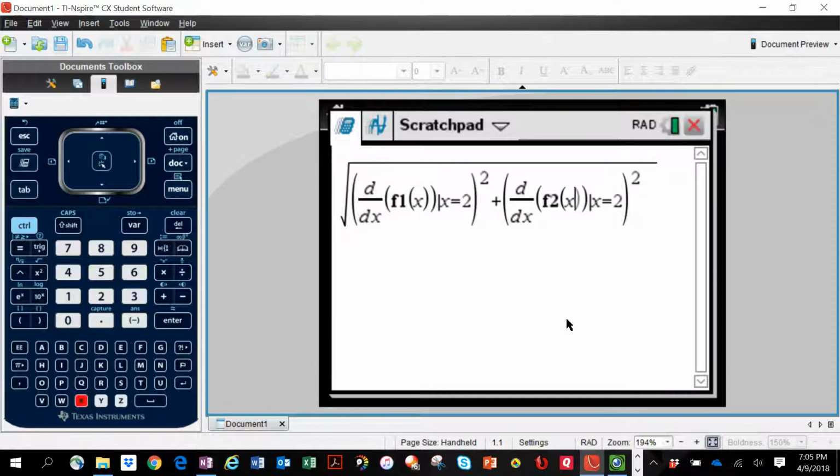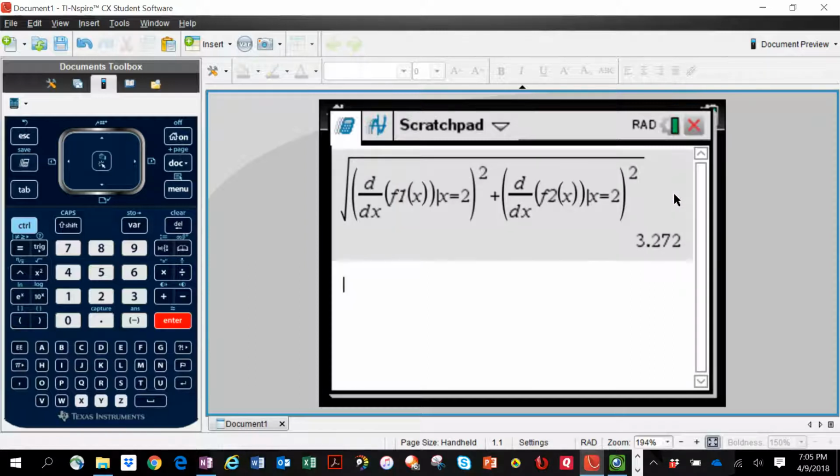That's going to be f2 of x. Make sure I'm doing this correctly. I need the derivative of the x-coordinate evaluated at x equals 2, squared, plus the derivative of the y-coordinate at 2, squared. And let's see, we're going to go on over, and the value is 3.272.